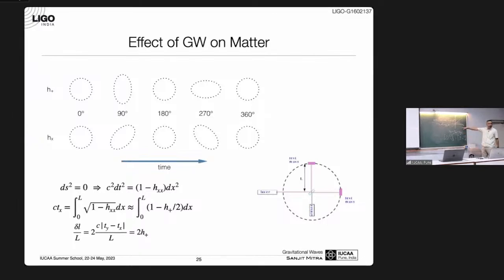Now if I put this component back there, what is G00? Now you tell me, what is G00? 1. It is 1, correct. I will actually put a c squared here, because otherwise the units would not match. So you could take the x0 component as time.